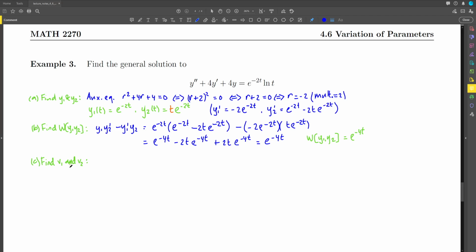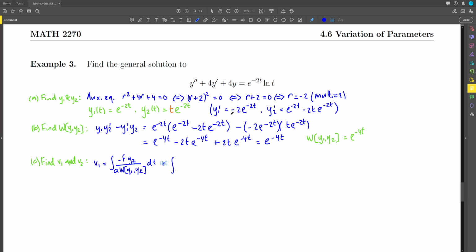So we recall the formula from the second video. v1 is equal to the antiderivative of -f times y2 over a times the Wronskian of y1 and y2, and that is equal to negative f.